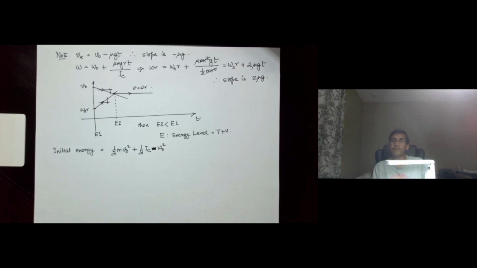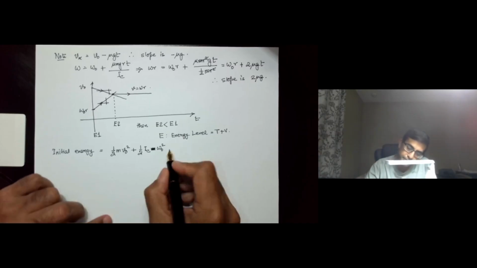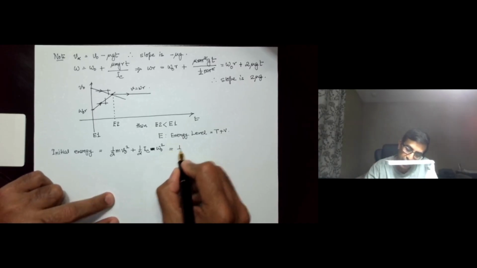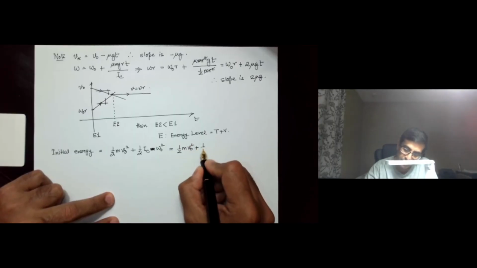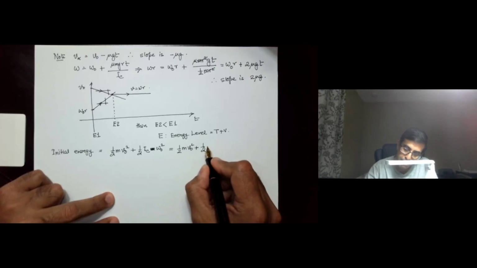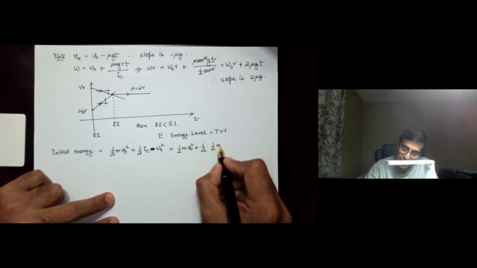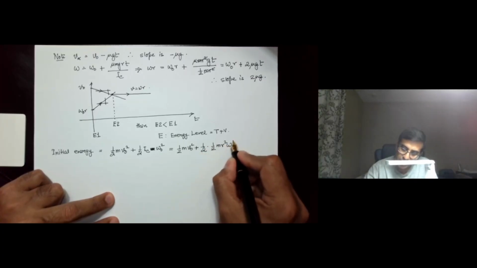In this case, we don't have to worry about the potential energy because the disk is moving on a horizontal surface. So we have half m v naught squared plus half times half m r squared omega naught squared.